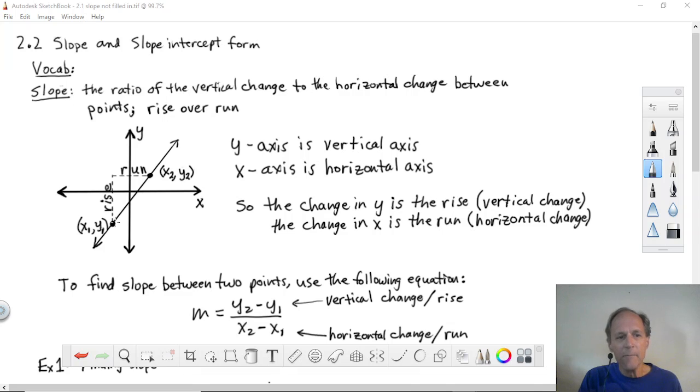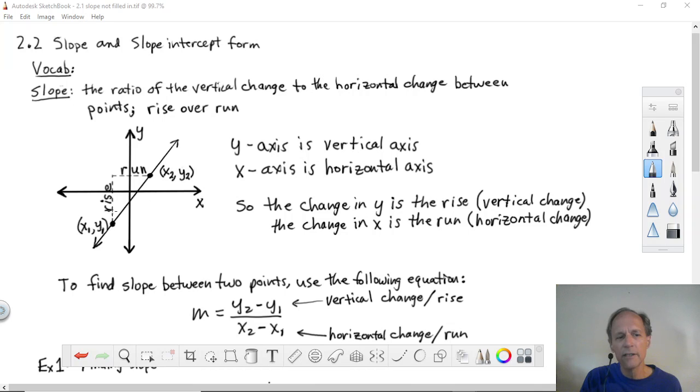And again, in that vertical direction, counted along the y-axis, how far up do you go to get from one point to the other? That's the rise. And then in that horizontal direction, which means running along the x-axis, how far over do you go?